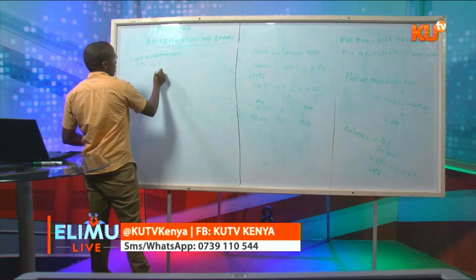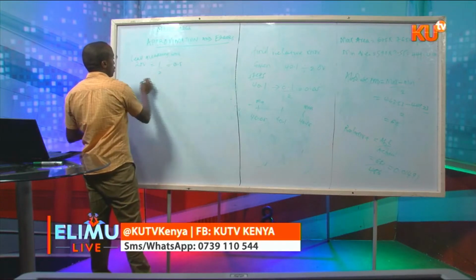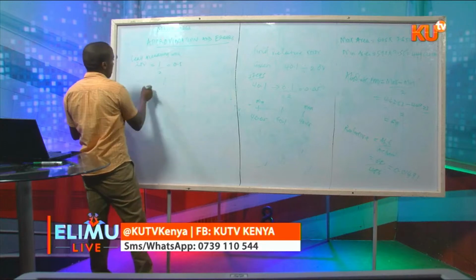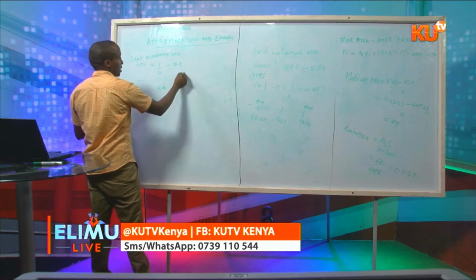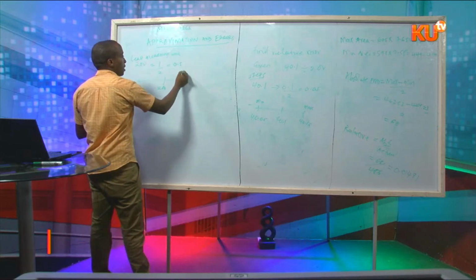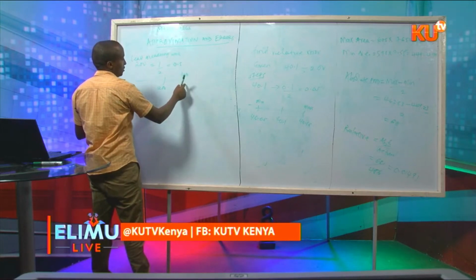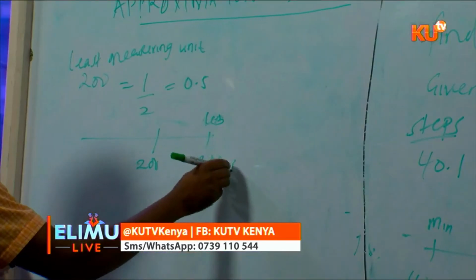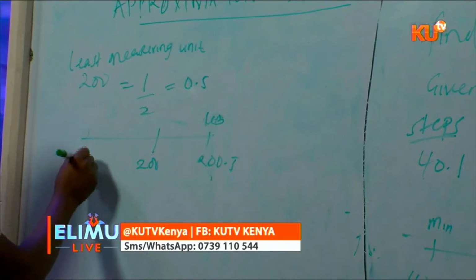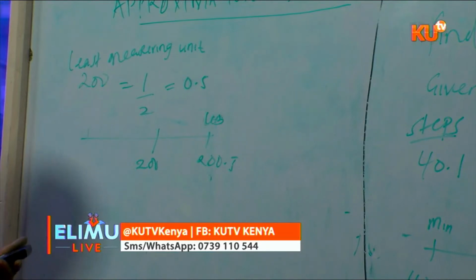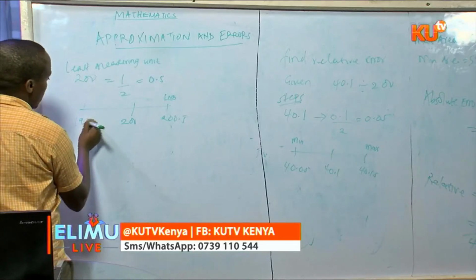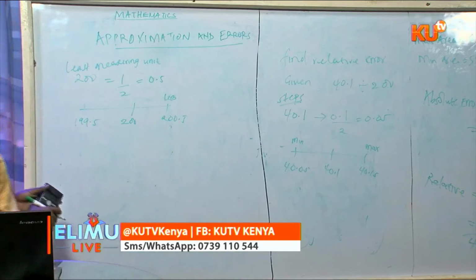So this is 1 divided by 2 to be 0.5. The maximum, or upper bound, will be 200.5, and this one will be 200 minus 0.5, it will be 199.5.